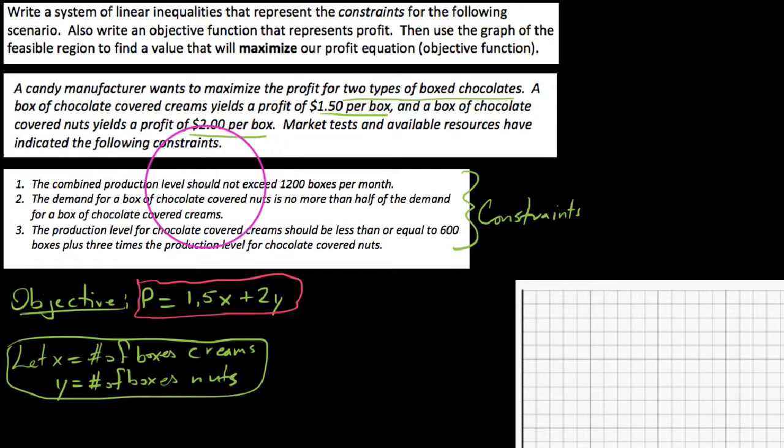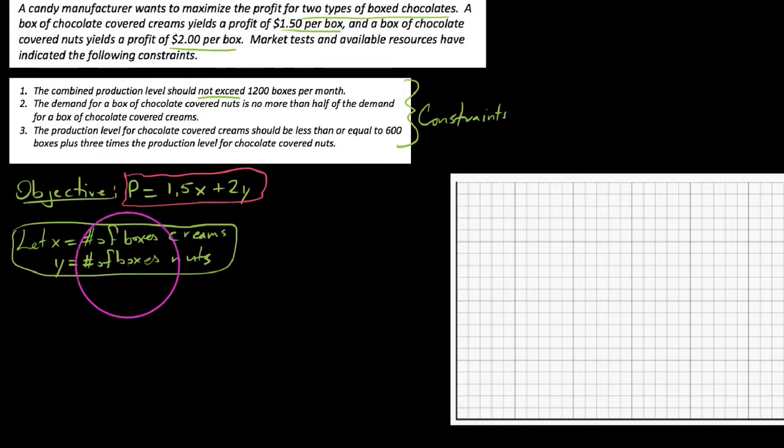In this case, it should not exceed 1,200 boxes per month. So what we're really saying is the number of boxes we sell of these plus the number of boxes we sell of these should be less than or equal to 1,200 boxes total. This is what makes this a linear programming instance: we have a constraint, not just exactly equal to 1,200, but less than or equal to.